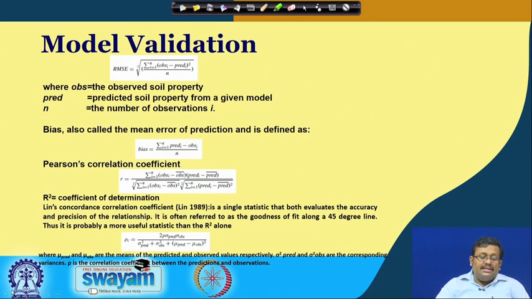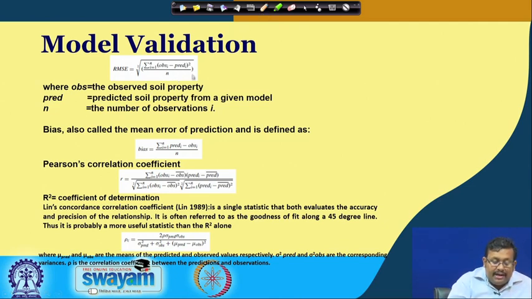The model accuracy can be calculated by model validation statistics. Model validation is basically the appraisal of the usefulness of the model, or in other words, whether the created model, the calibration model as we call it, can be used to generalize or to predict any unknown sample, which can be assessed via validation. There are several important points, obviously.